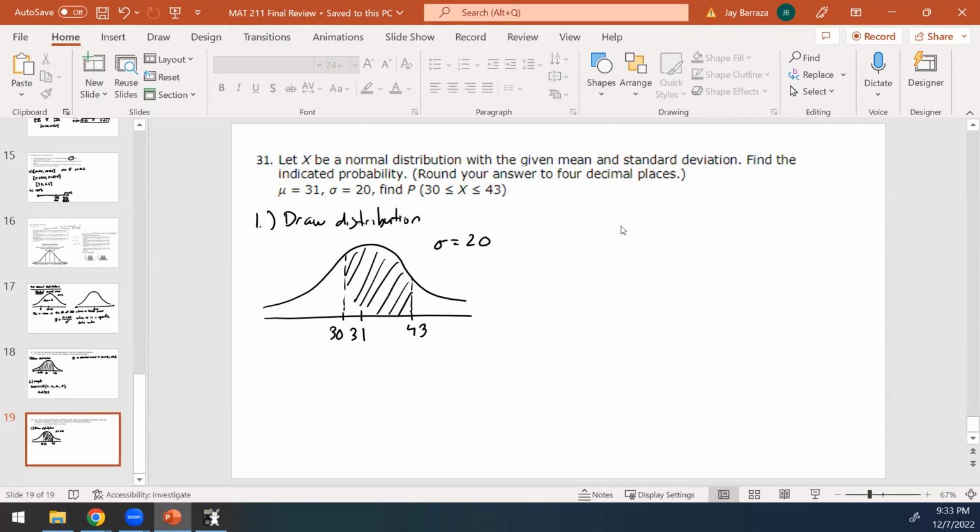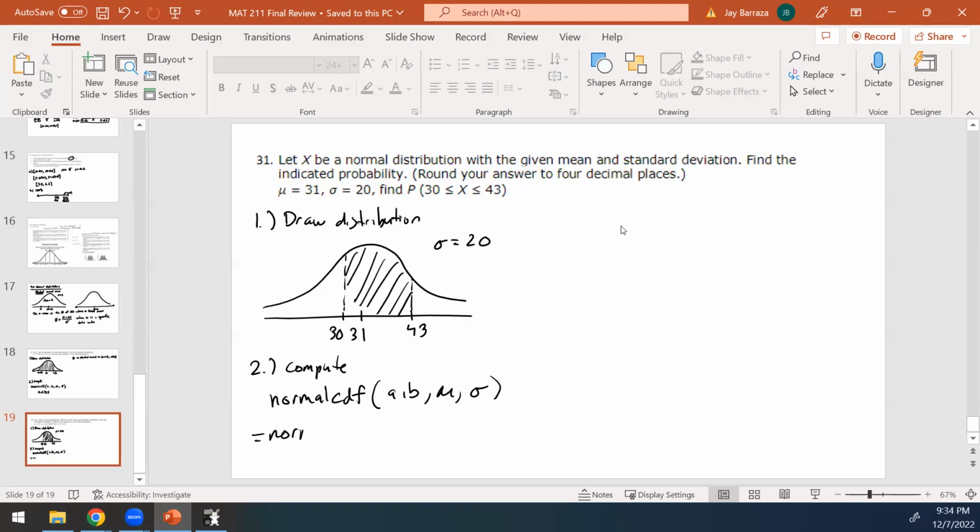So step 2, compute. If you're a z-table person, you have to calculate these as z-scores. If you're a calculator person, all you have to do is normal CDF A, comma, B, comma, mu, comma, sigma.